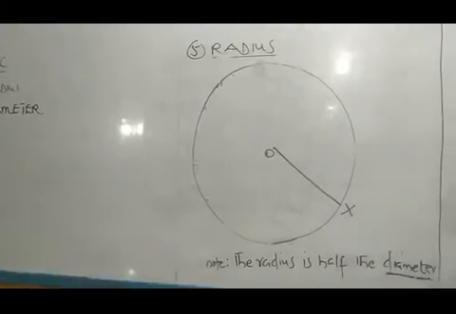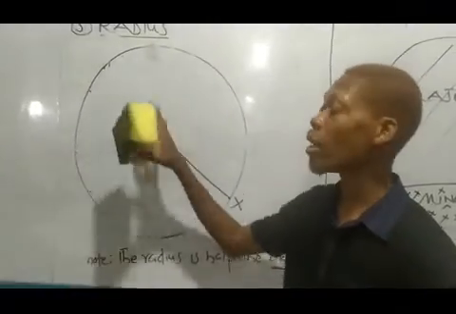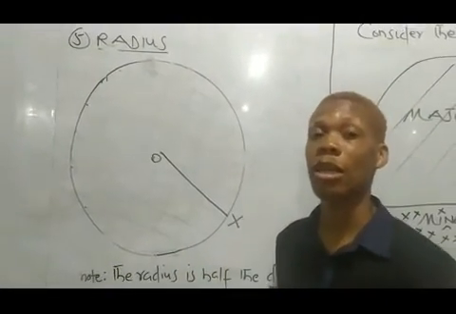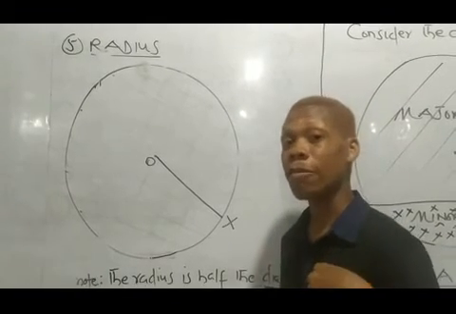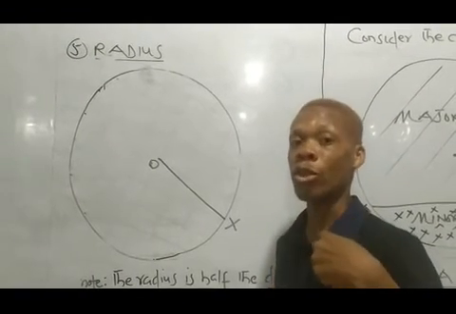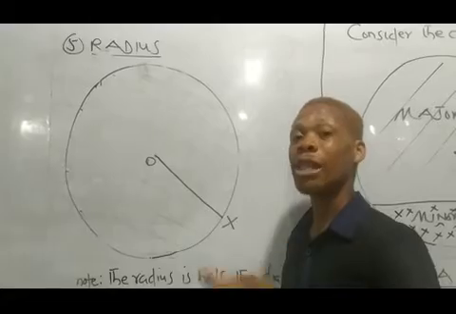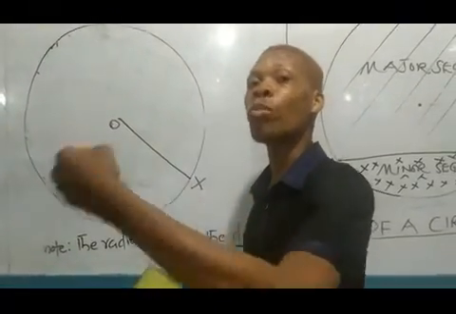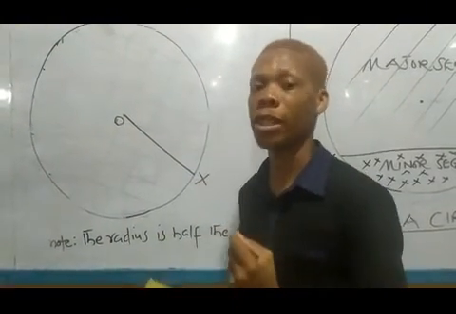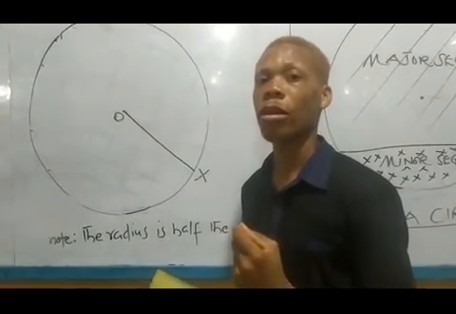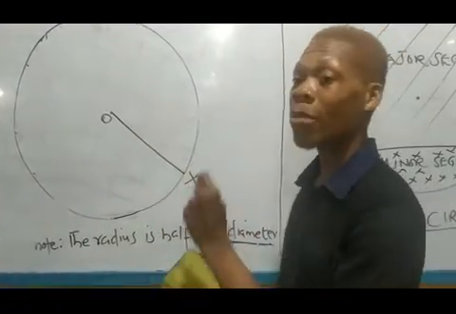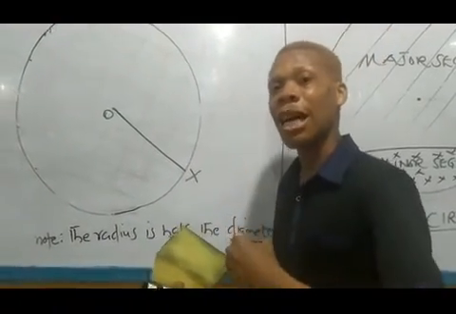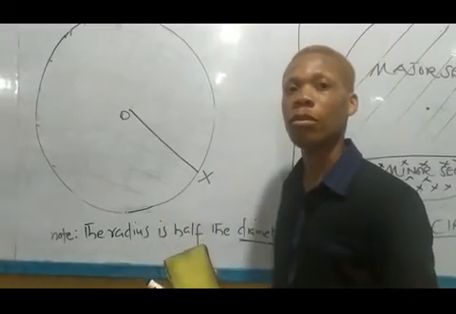Okay, so let me use the diagram to explain a diameter to you. You remember we've explained what a chord is already. We explained that a chord always joins 2 points on the circumference of a circle. But by the definition, a diameter is a type of chord.